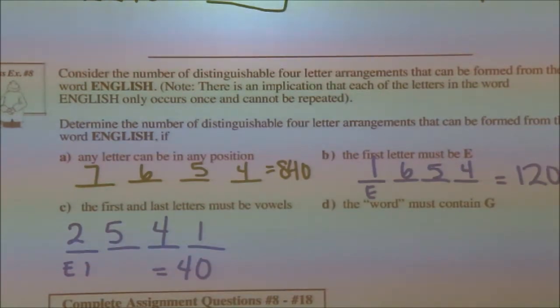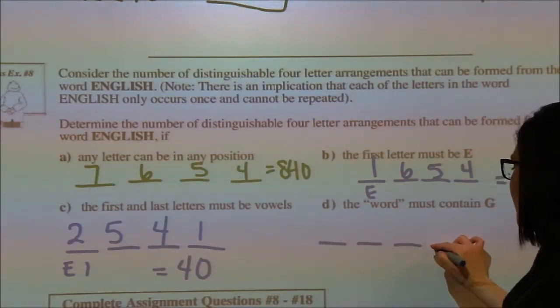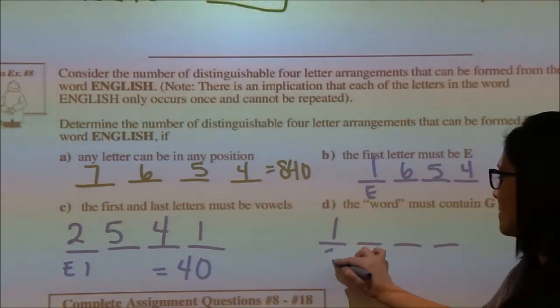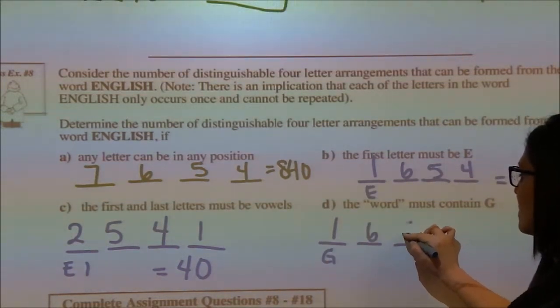Okay. And the last one is that the word has to contain the letter G. So where could the G go? Anywhere I desire. So let's put it right here. Then how many choices do I have for the second spot? 6. Then 4.